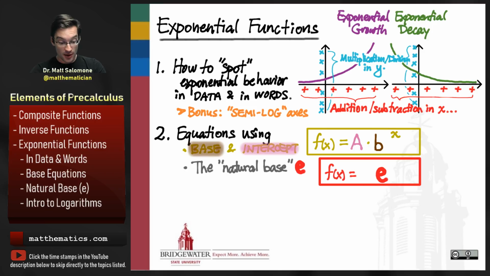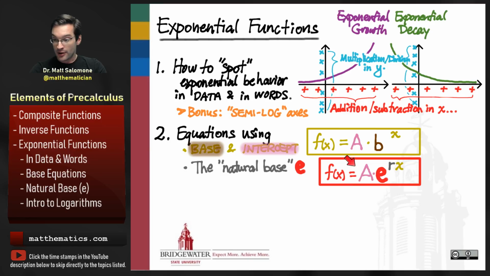So e is a number we're going to get an introduction to today. It's somewhere between 2 and 3, so it is just a number. But so many of our exponential functions are written in terms of that base that we also want to understand what is the relationship between these two. How do we work with an exponential equation that uses e as its base and adds a new parameter, which we're calling r here, as the coefficient of x up in the exponent when the base is equal to e?